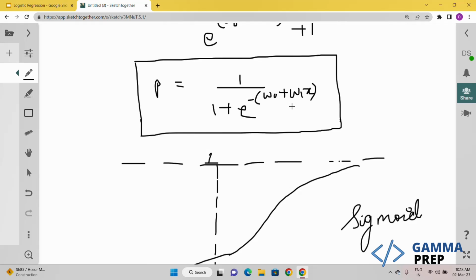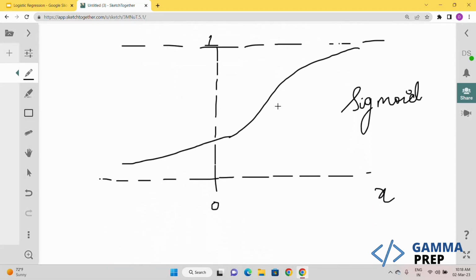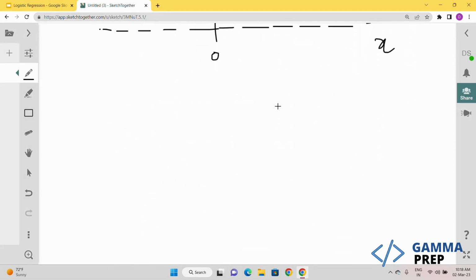We have to minimize the error, the cost function or the error function, and then figure out what our W0 and W1 are. And once we have that value, our logistic regression model is complete. So right now we don't know what W0 and W1 are. We have to minimize our cost function and get our W0 and W1. Okay, let's move ahead.